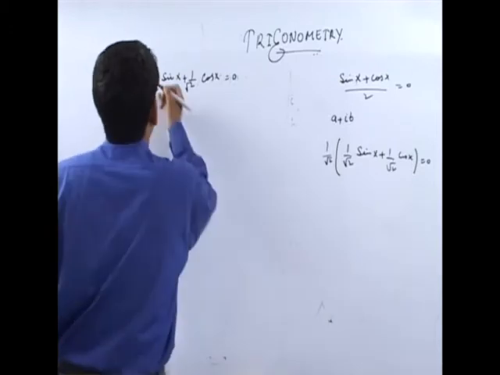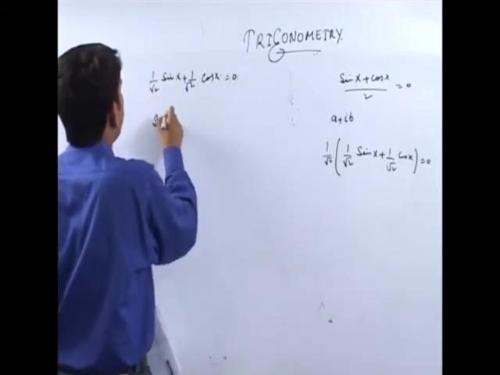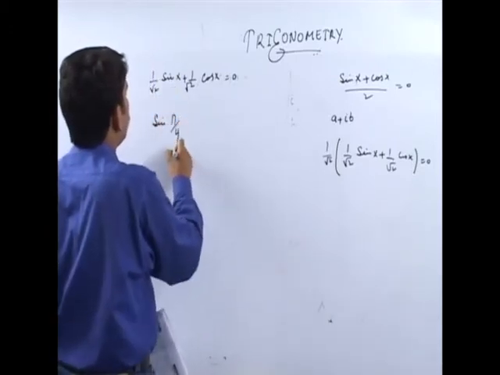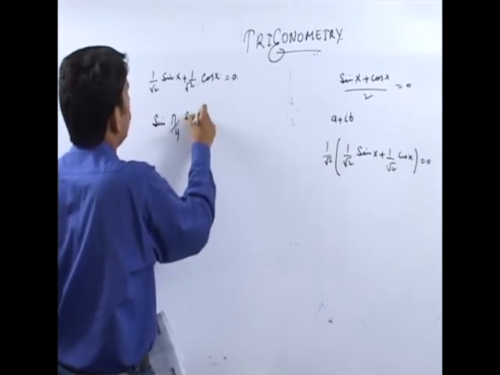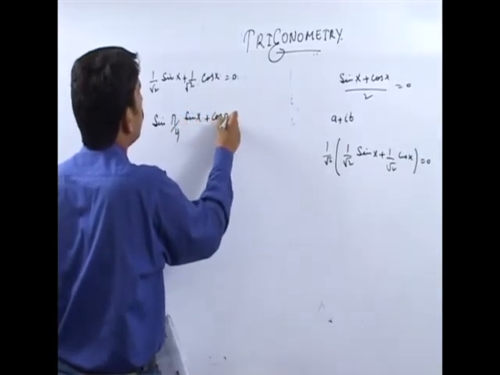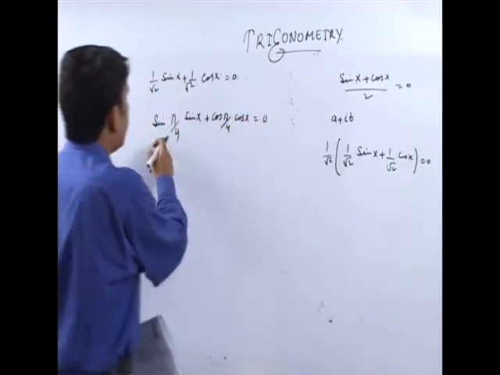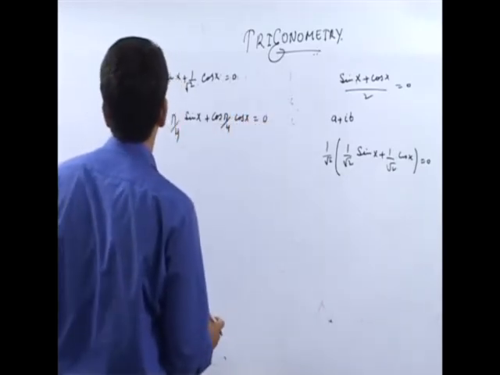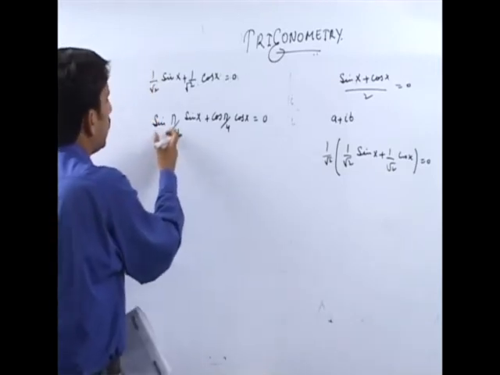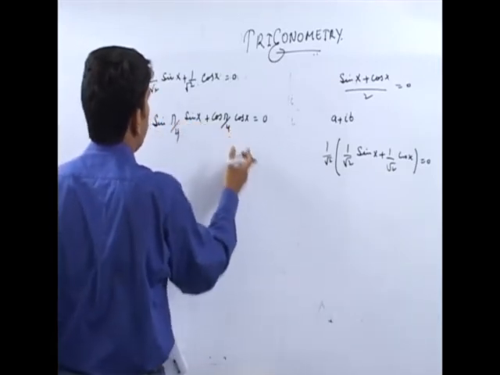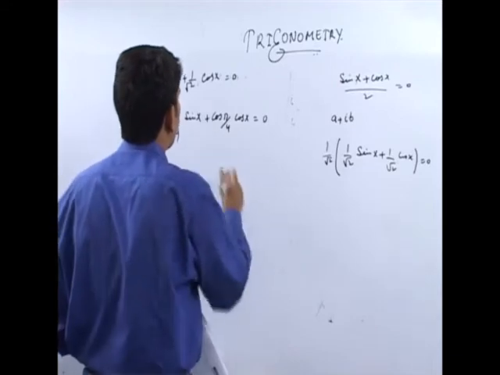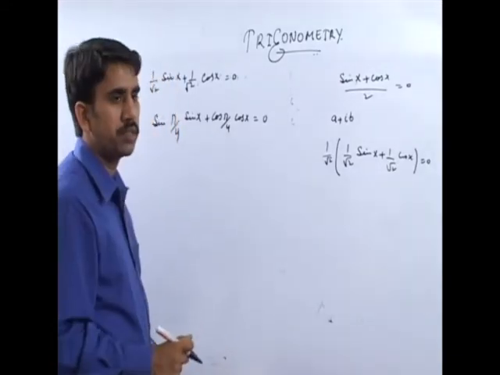Now 1 by root 2 is sin of pi by 4, so sin x plus cos of pi by 4 cos x should be equal to 0. Now this is sin A sin B plus cos A cos B. This is the formula for cos of x minus pi by 4.